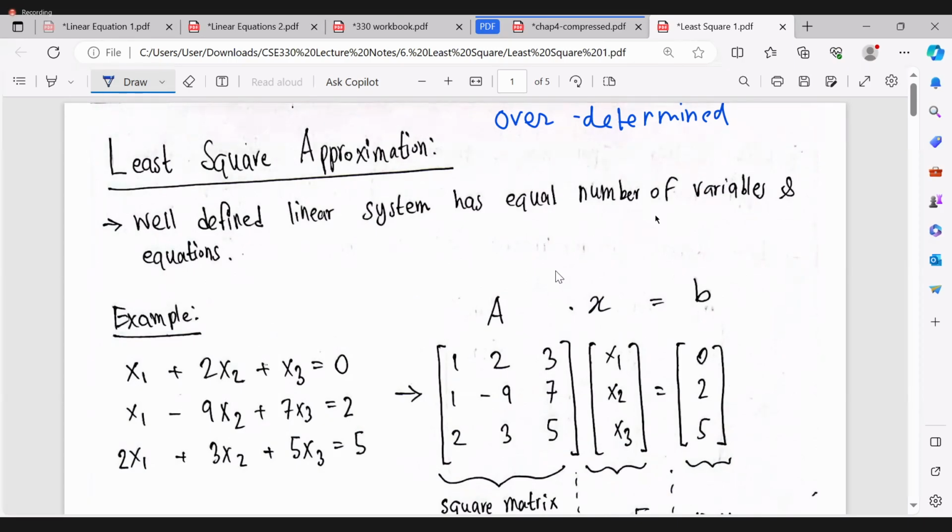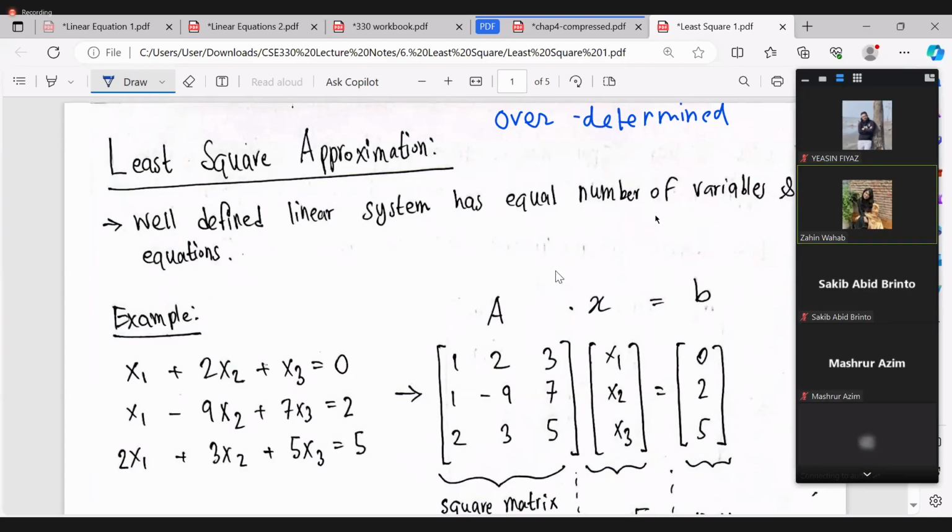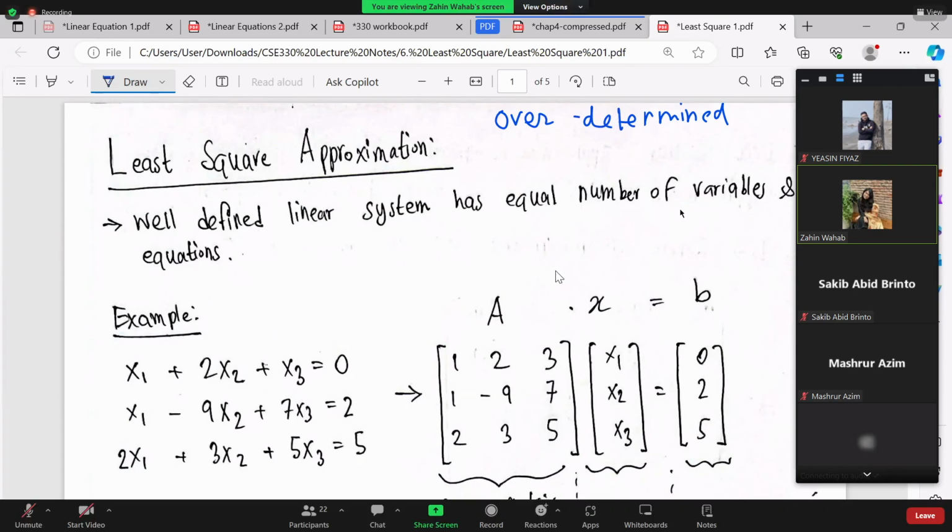That means it is more than what you actually need. So this is known as an overdetermined system because the number of equations is more than the number of variables.